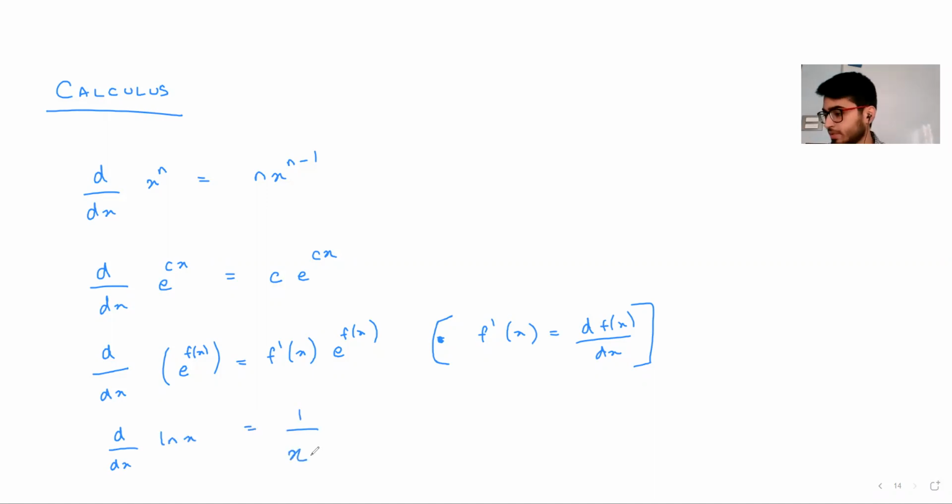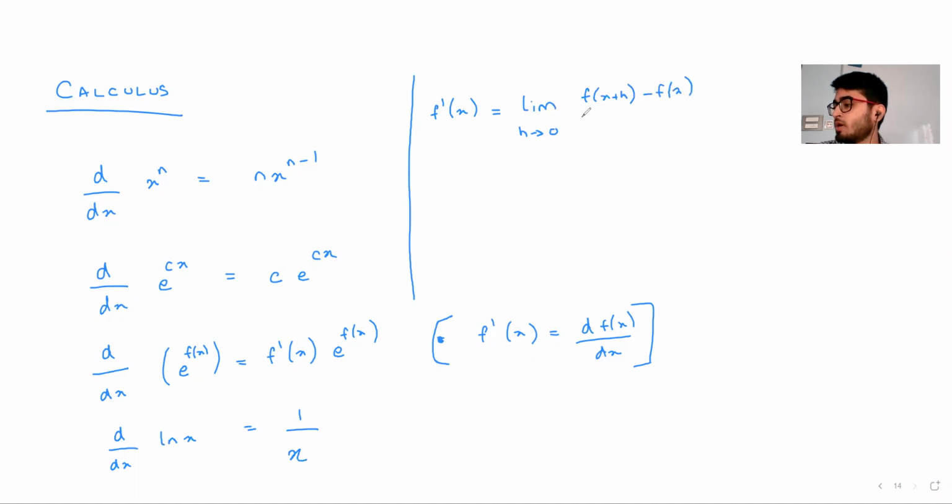Also, this is a very important result which I have observed a lot of you do not recall, or might not have studied or tried to understand properly during school level calculus: f dash x is nothing but limit h tending to 0 of f(x plus h) minus f(x), whole divided by h.